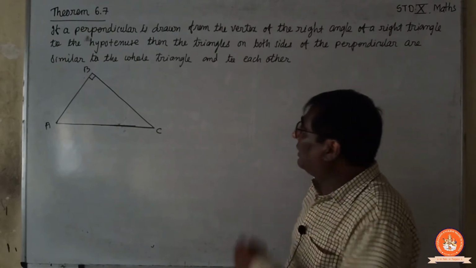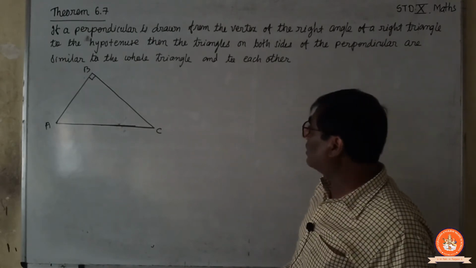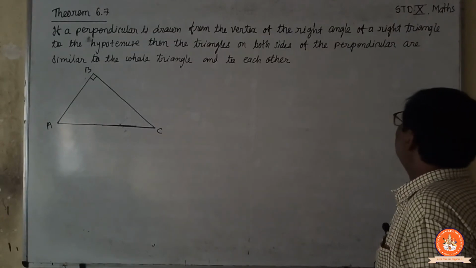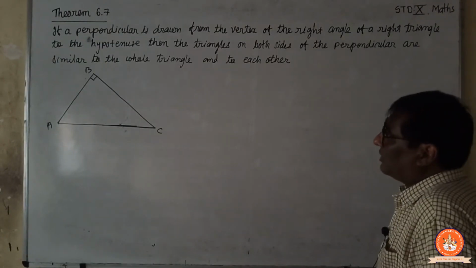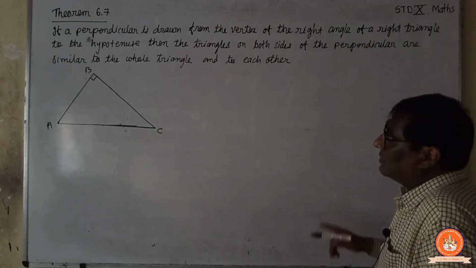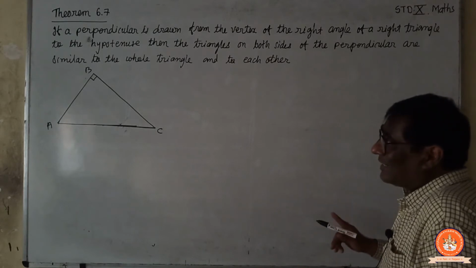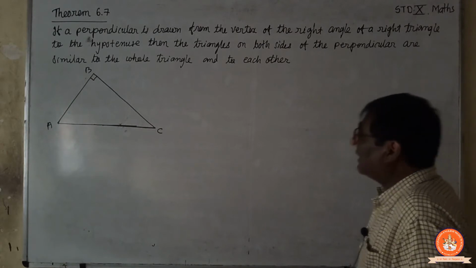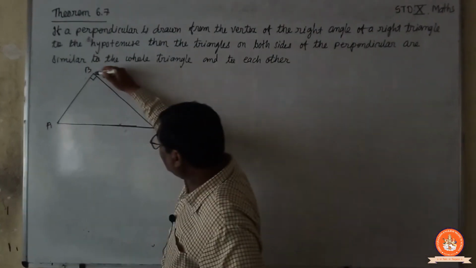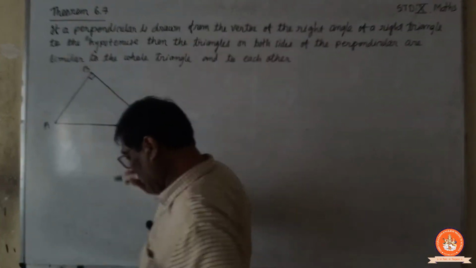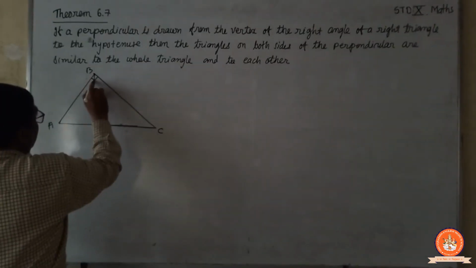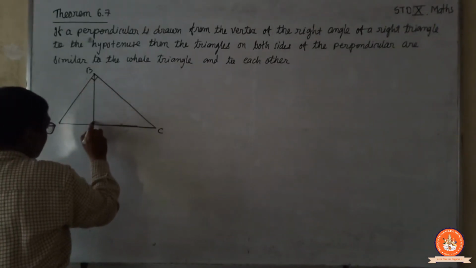Now, if a perpendicular is drawn from the vertex of the right angle of a right triangle to the hypotenuse. So from the vertex of the right angle of a right triangle, if we draw a perpendicular on the hypotenuse, let us see what happens.